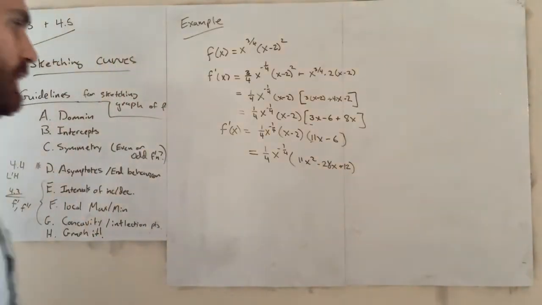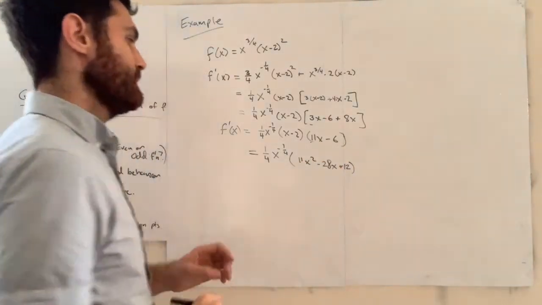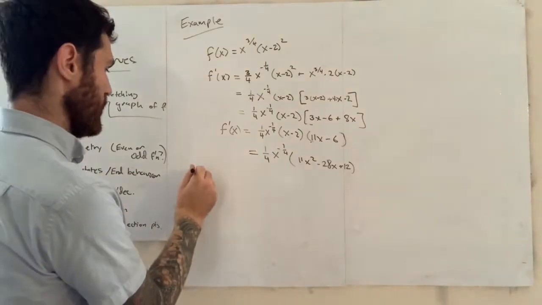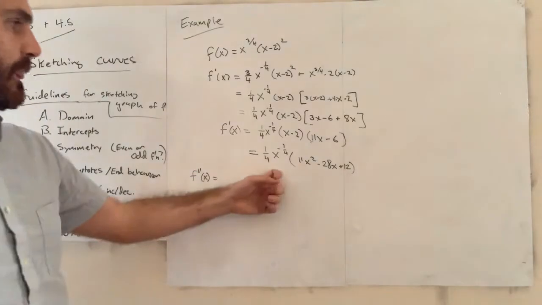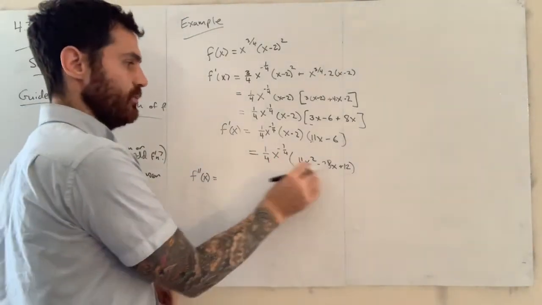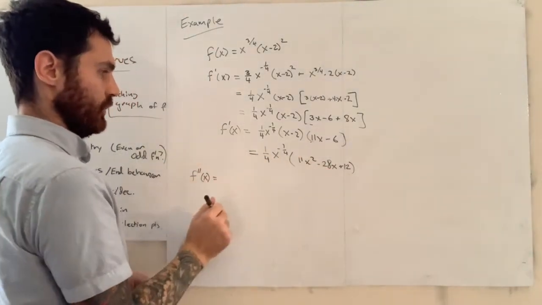Okay, so that's all well and good. And the reason I did that is because now when I take the second derivative, I'm going to get two functions, and I have to use the product rule again.